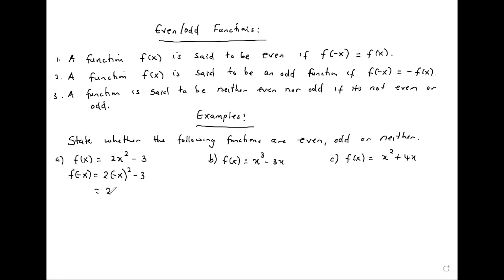When you square a negative, it becomes positive. But this thing that we have here is the same as f of x. Hence, f of x is even. That's what the definition of being even is telling us.